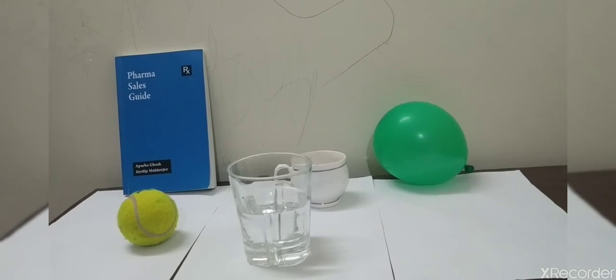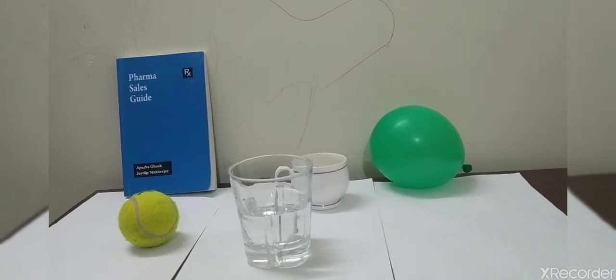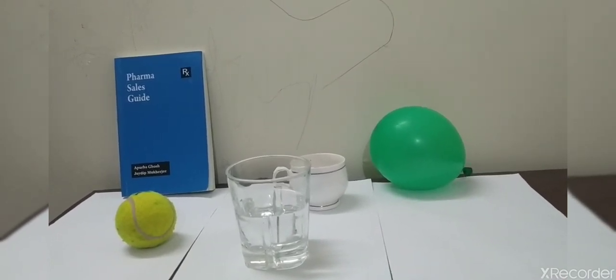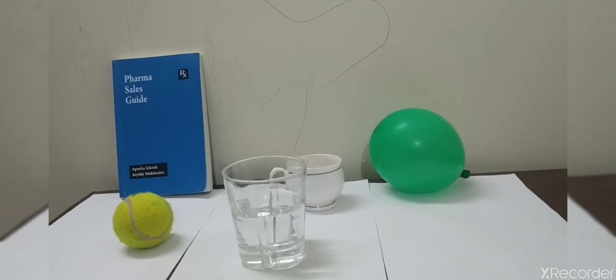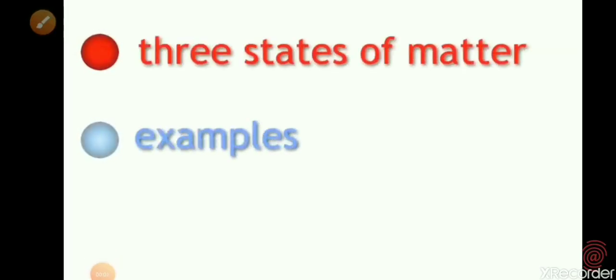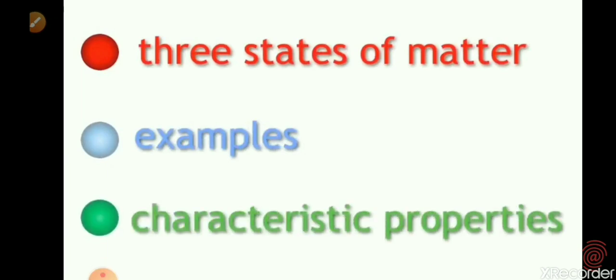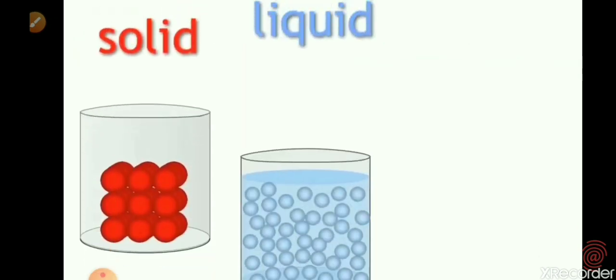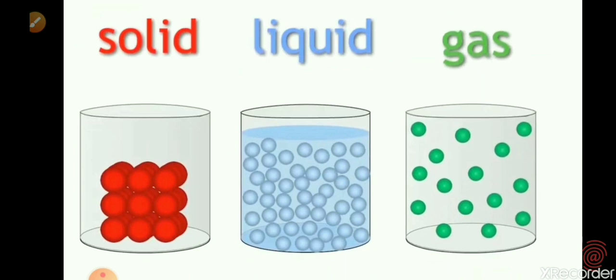So now let's find out how the particles are arranged in the different forms of matter. Let us talk about the three states of matter, their examples and their properties. Matter exists in solid, liquid and gas form.